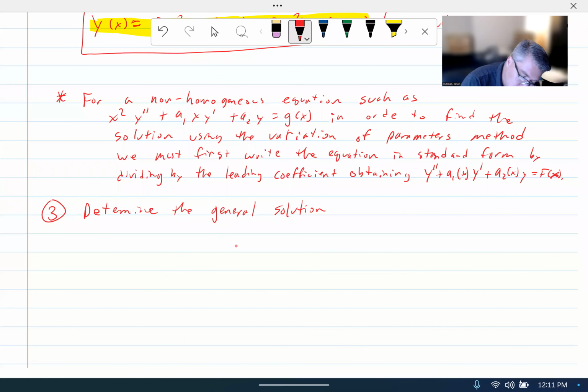Two, x squared y double prime minus 3xy prime plus 4y equals x squared times the natural log of x, where x is greater than 0.